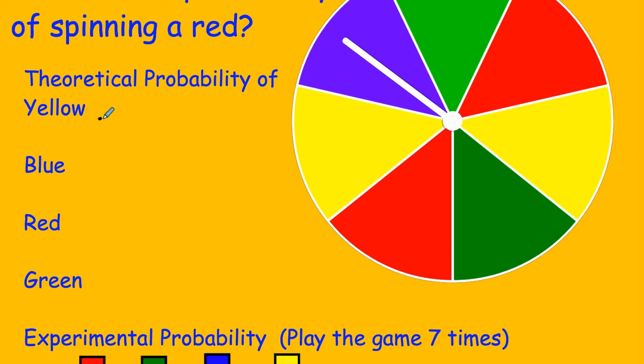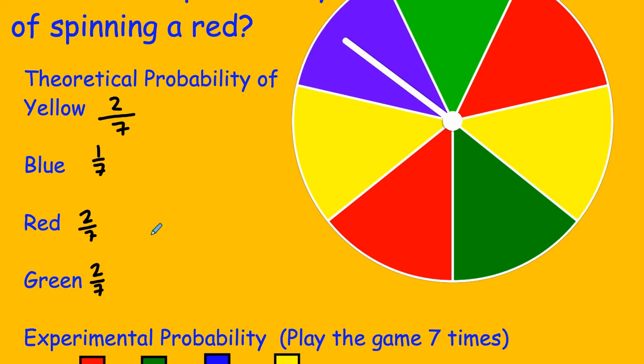Okay, so theoretical probability of spinning a yellow is 2 out of 7. For blue, this is really blue. It's kind of looking a little purplish here on the screen. But it's 1 out of 7. Red, we have 2 out of 7. And then green, we have 2 out of 7.